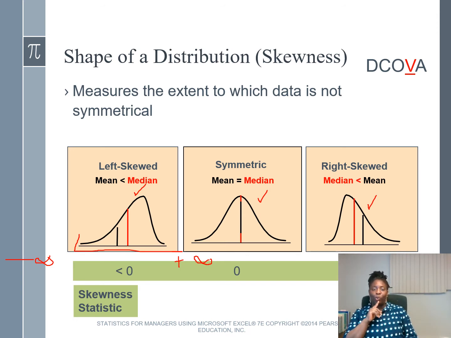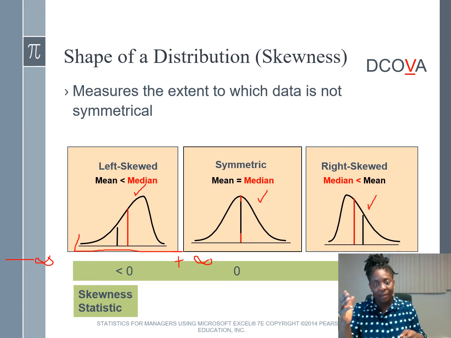And when the skewness is towards the negative end of the number line, in other words, the tail of the distribution is towards the negative end of the number line, you have negative or left skewness. Think about this. If you're looking at the screen, negative skewness is towards your left.